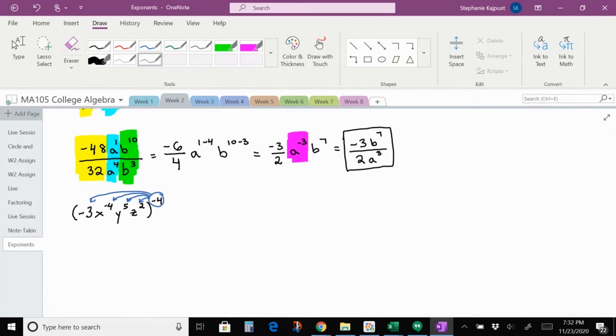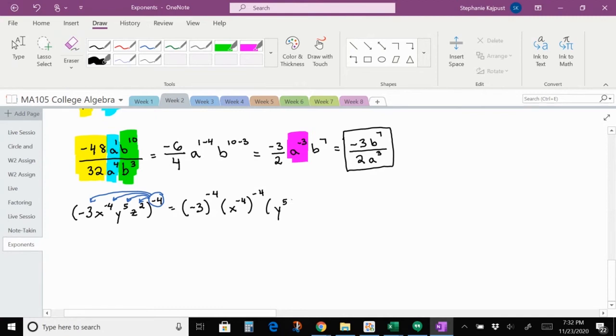And so I like to write these with a parenthesis around it just to make it very clear, especially when you have that negative. So that negative 3 is going to have an exponent of negative 4. Then we have x to the negative 4th, which has an exponent of negative 4, and that second negative 4 is from the outside negative 4.